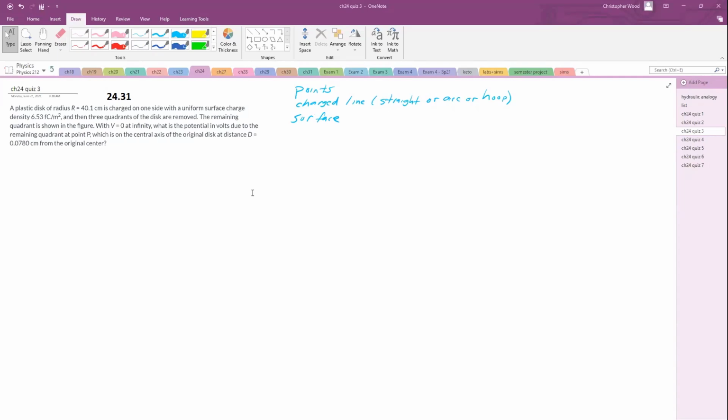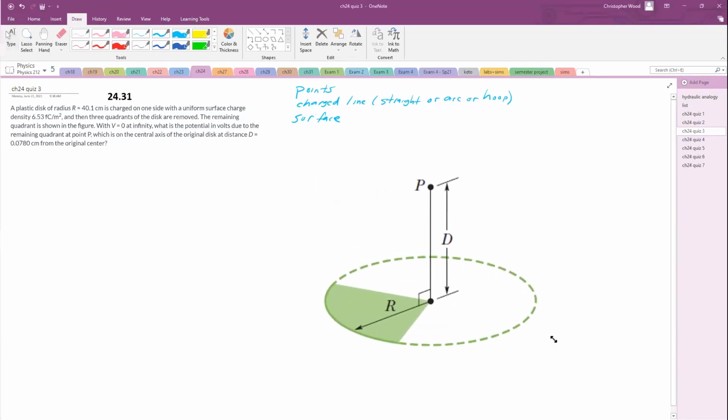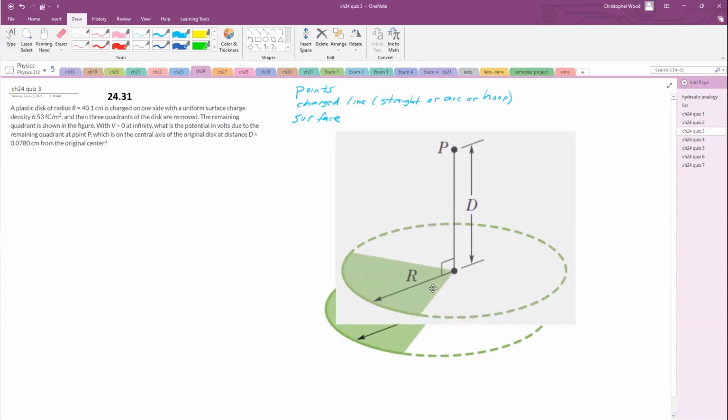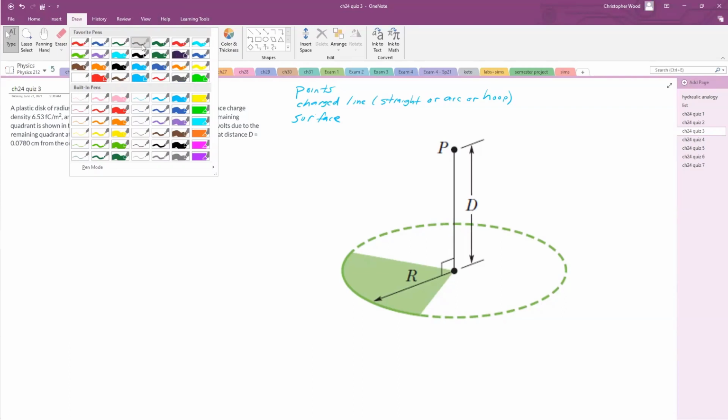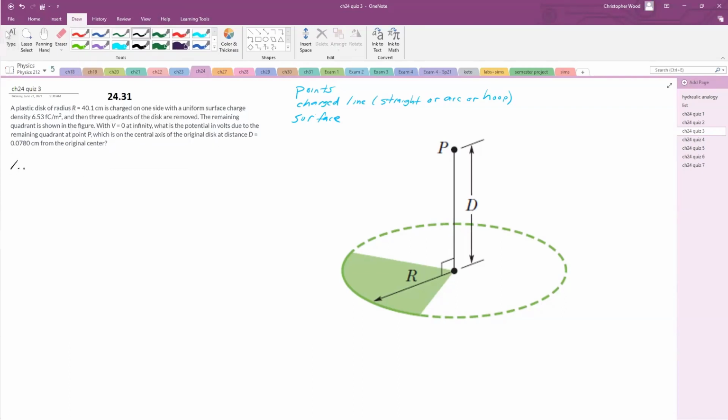We have a plastic disc of radius 40.1 centimeters, my numbers, is charged on one side with a uniform charge density that's given. So they gave us that material property. It's all about capturing geometric and material properties, and they gave us sigma.